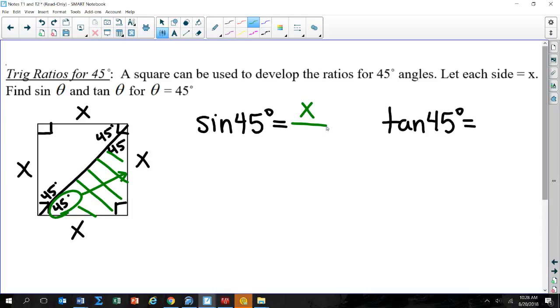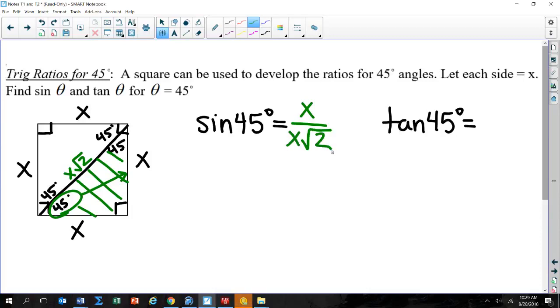Yeah, it's going to be x, x, x radical 2. So this diagonal is x radical 2. Many of you are probably familiar with 1, 1, radical 2. It's still proportional, okay, it's just we're calling x 1 in that case. But since we're looking at the generalized form, this would be x, x, x radical 2.